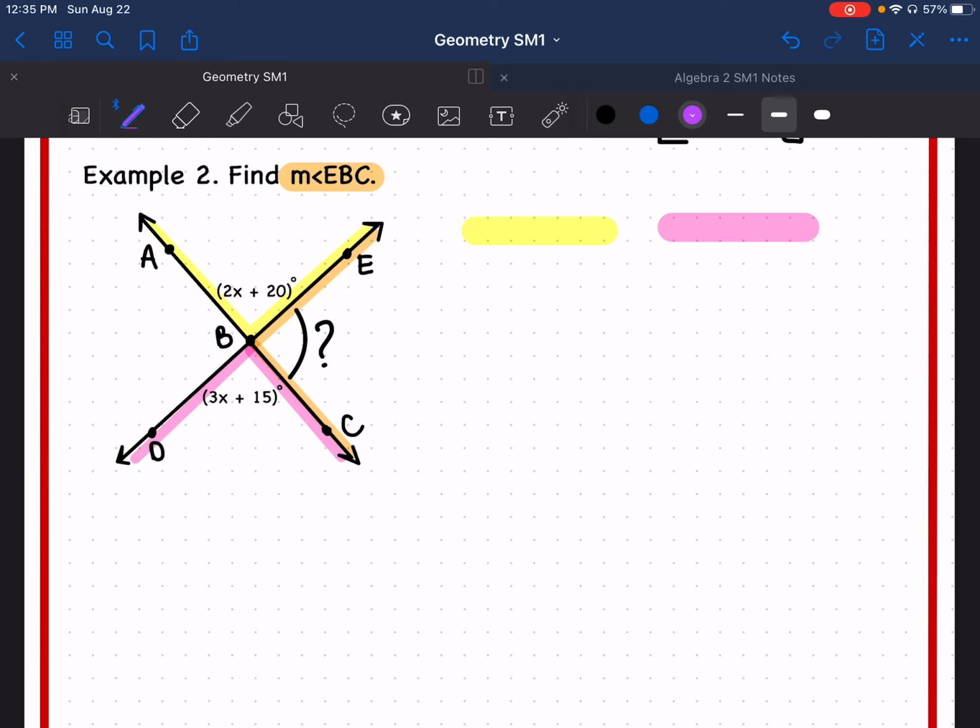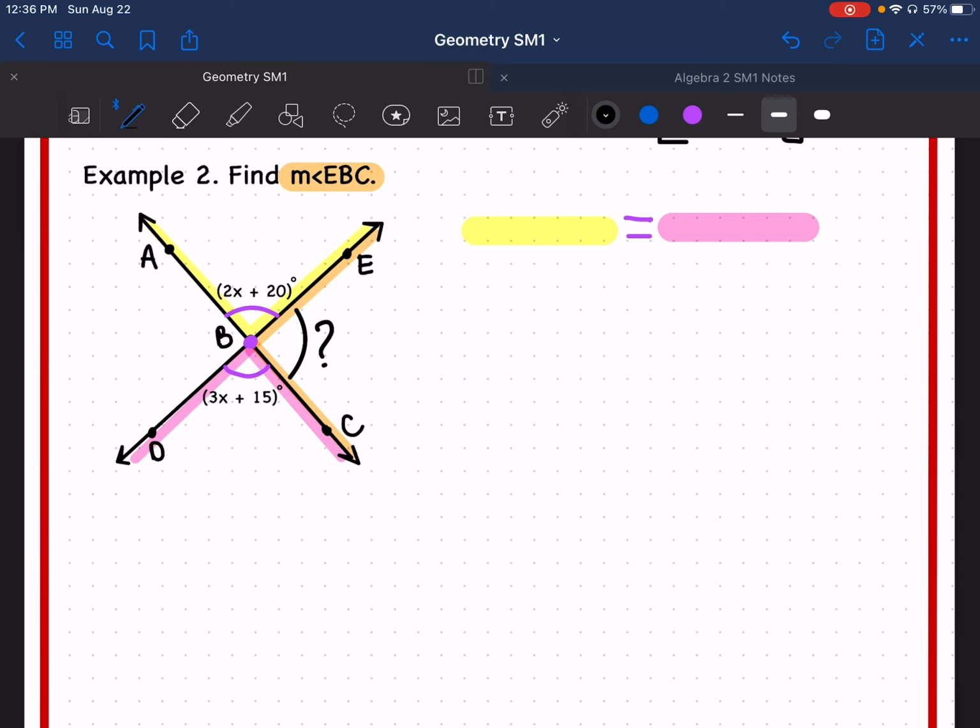They've been moved, but this angle and this angle are vertical because look, they're sharing that B.